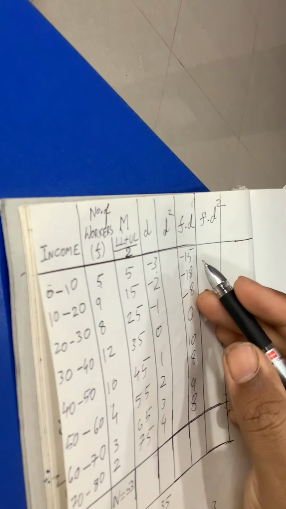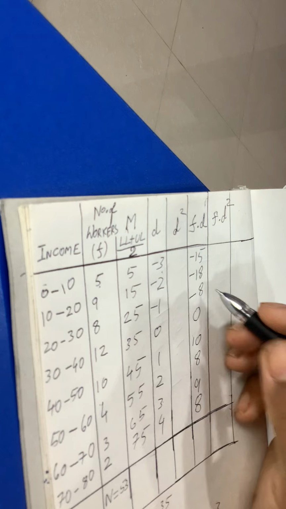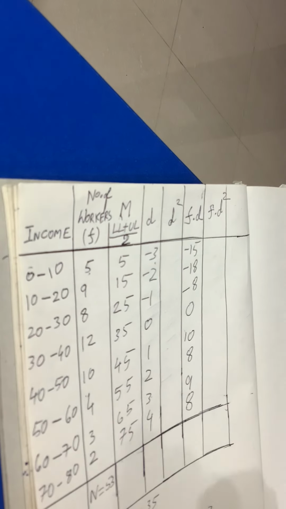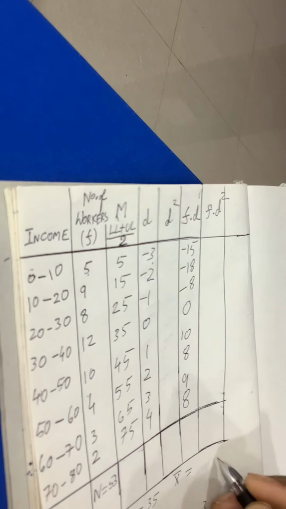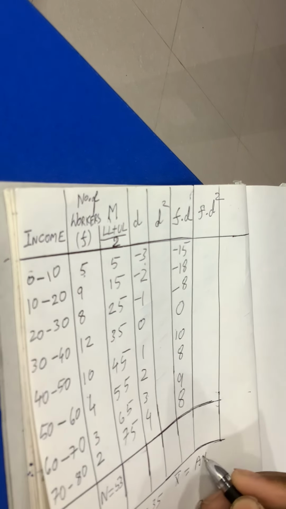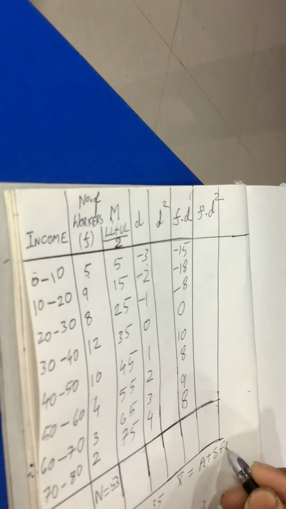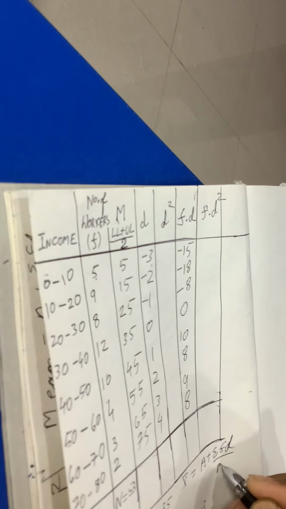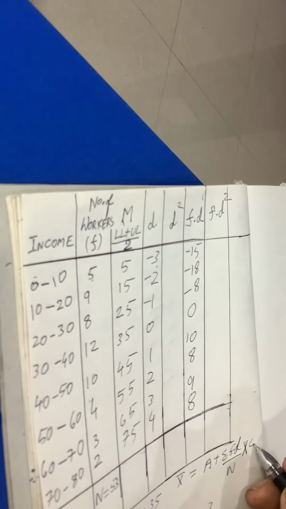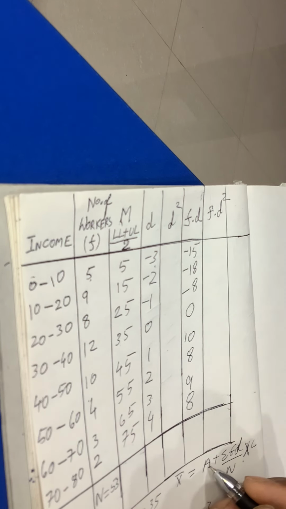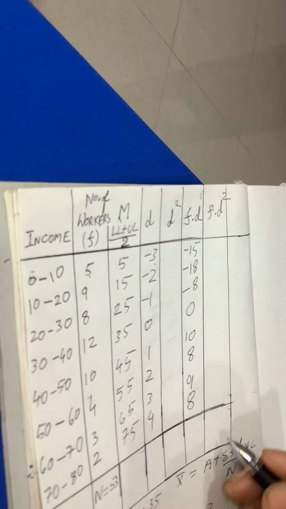Now there are two ways to calculate the sum of all these FD values. Why do we need to calculate FD? Our mean value is equal to A plus sigma FD by N multiplied by C. We have the C value, the N value and the A value. All we need to find is sigma FD.